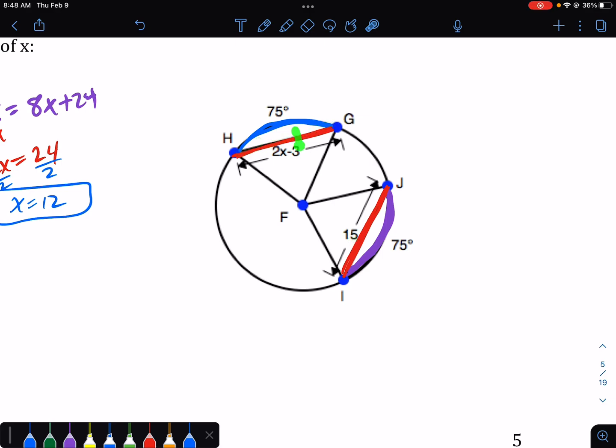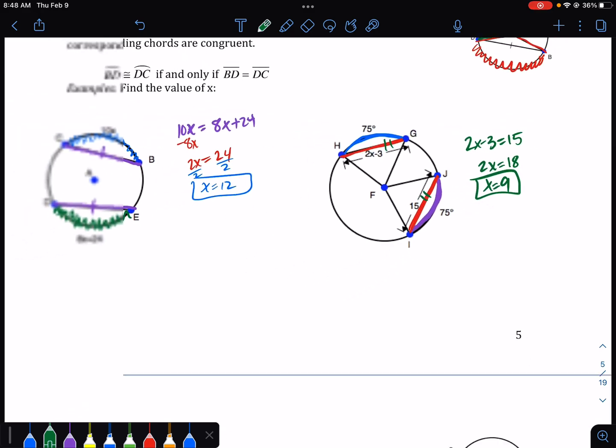So we know that these two need to be the same measurement because the arcs are congruent. So then I can set 2x minus 3 equal to 15. I add that 3 to the other side, so that gives us 2x equals 18. So then x is 9.